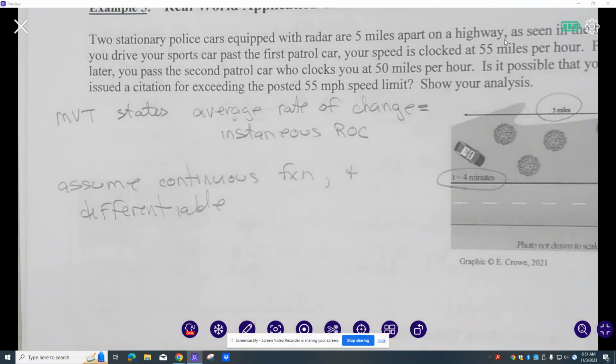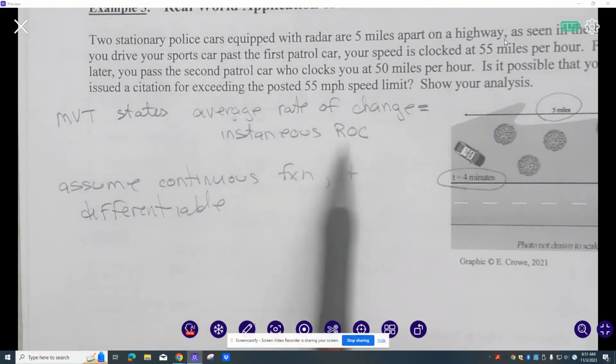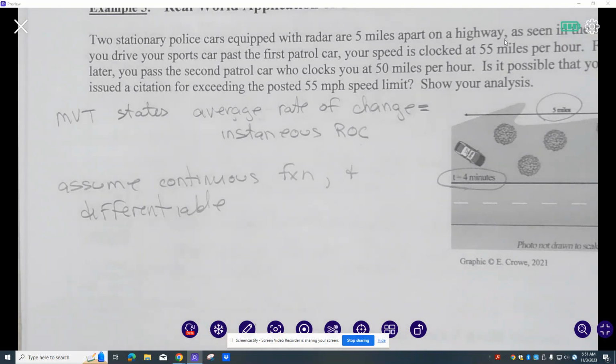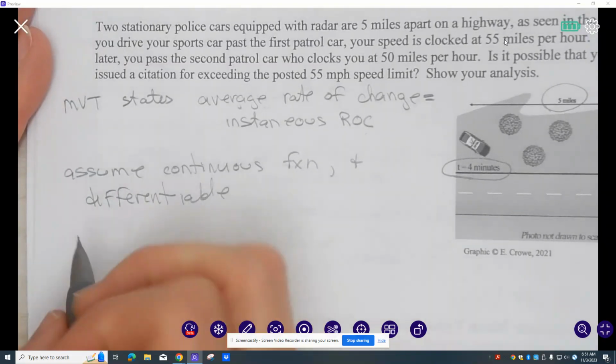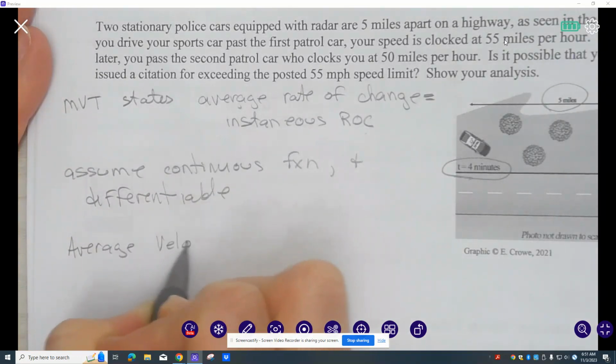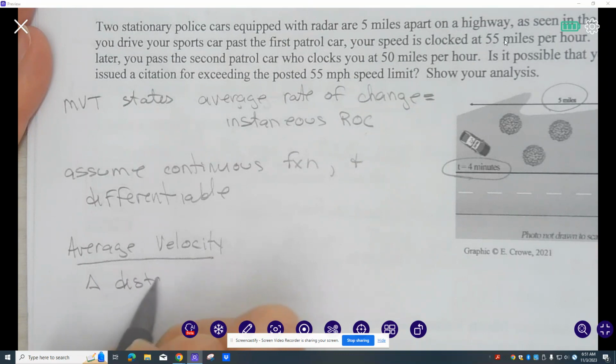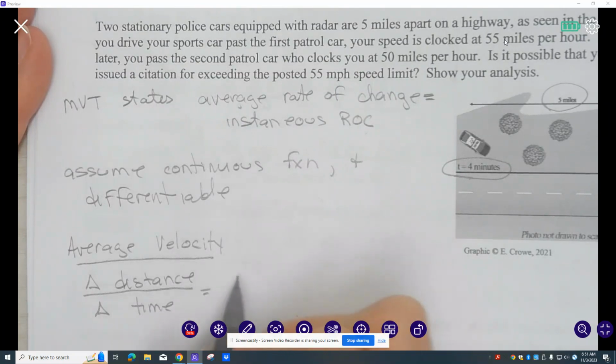So we can think of average rate of change here as average velocity, and instantaneous rate of change would be instantaneous velocity. So average velocity, so this is like your algebra 1 slope, would be change in distance, which we know is 5 miles, over change in time, which is 4 minutes.